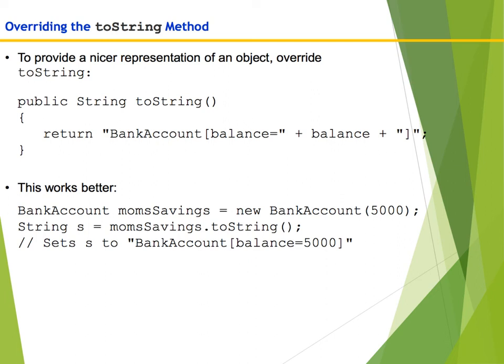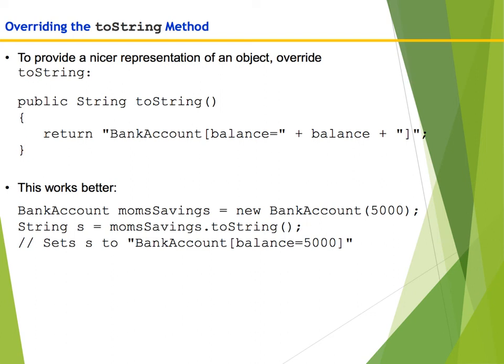You simply write these lines of code inside the method, inside the class BankAccount. You write public String toString, which is the exact same signature as the toString method in the Object class.